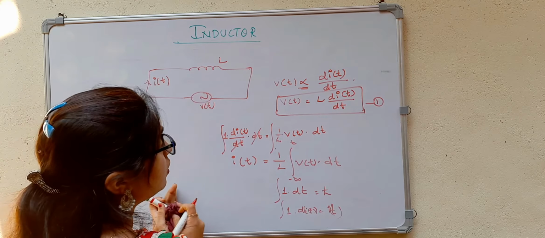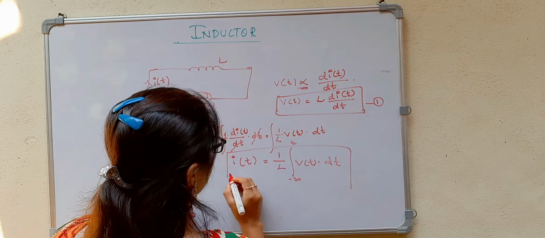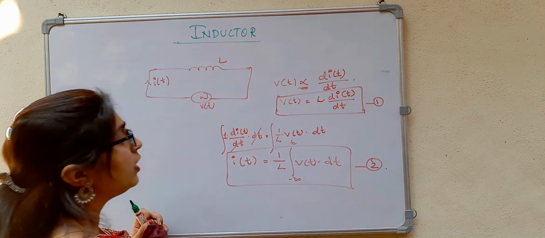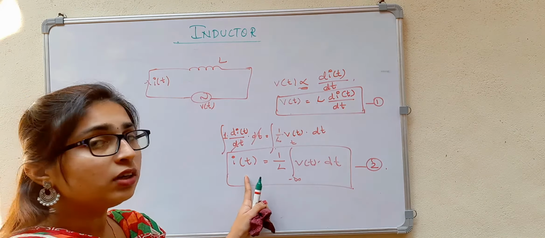This is another formula, the second one. When V of t and L are known, you can find i of t.